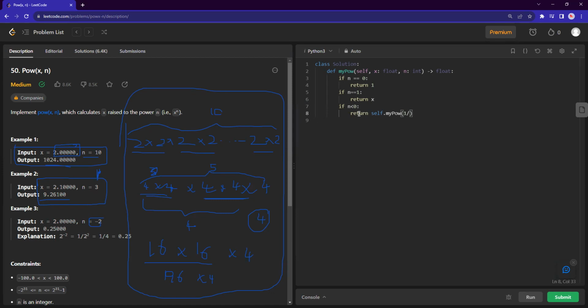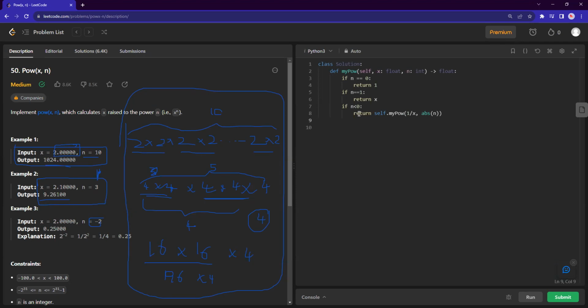So first things first, I need to divide 1 by x, like 1 divided by itself. And then n should be positive. Like if it was negative previously, it should be positive. So I'm going to use absolute over here just to be sure that it's not negative anymore, but you can use anything else. You can use negative n as well. That'll work. So that is if n is lesser than 0.